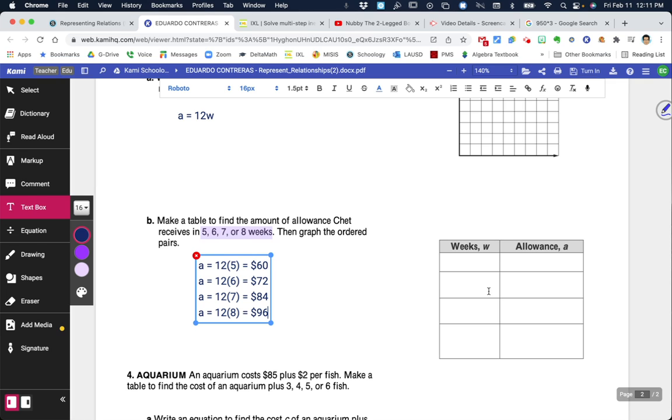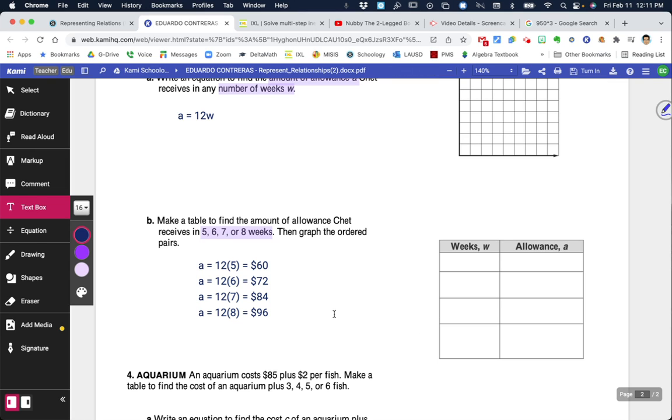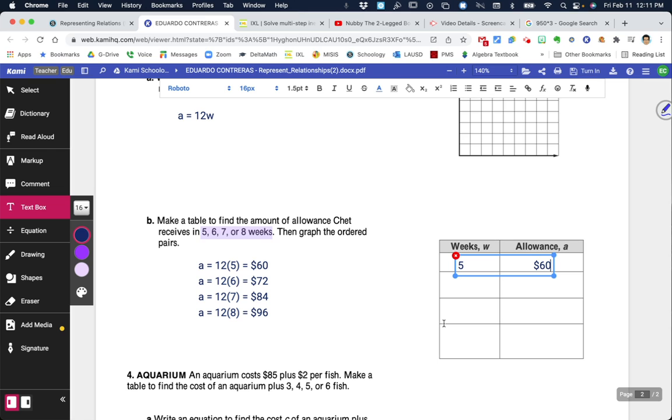Let's fill in the table. Okay. So these are the numbers. Let's work on this table now. The first week we want is 5 weeks, and that was $60. Then we have 6 weeks, $72.